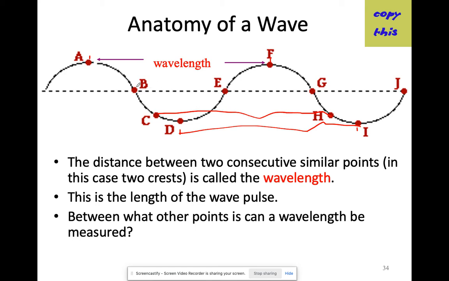It's got to be the same point. So we go down the hill. The next time we go down the hill is at G. So B to G, and then up the hill would be E over here to J. So a lot of people will say B to E, but that would only be half a wavelength.